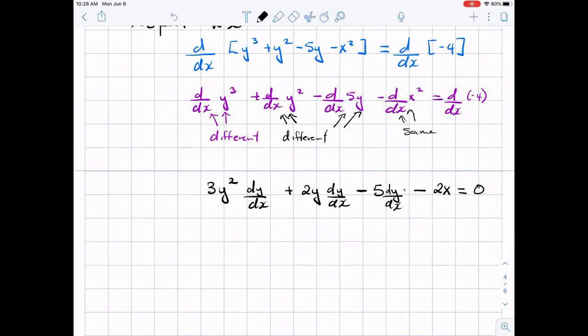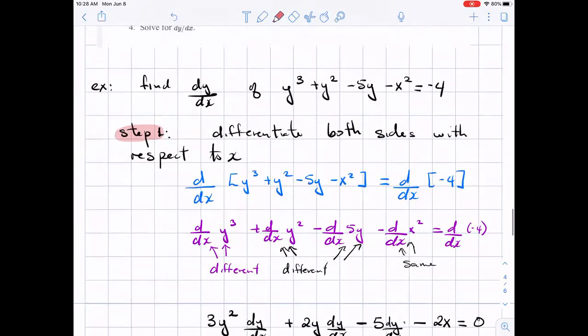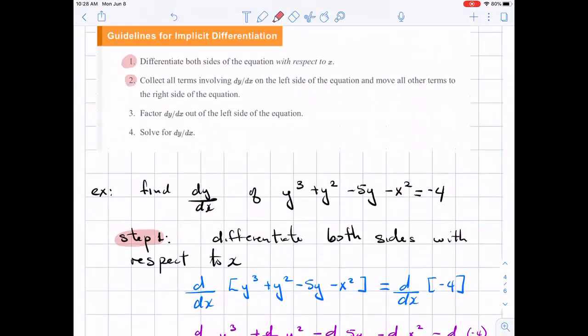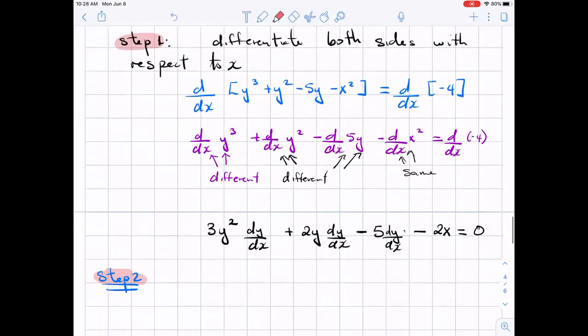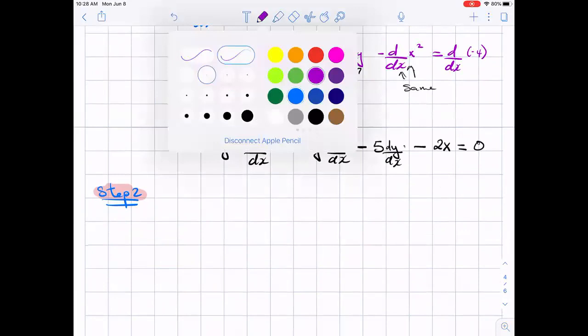Okay. Now we move to step 2. So step 2 is where we go over here, and it says collect all terms involving dy dx. So what we're going to do is leave all of the dy dx by itself.